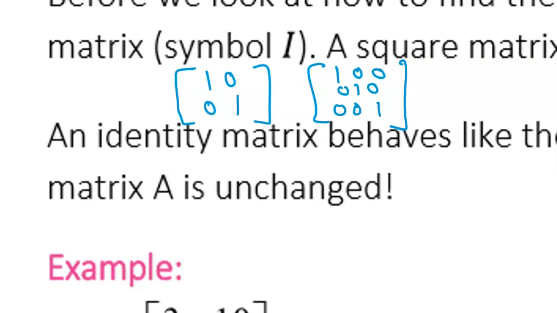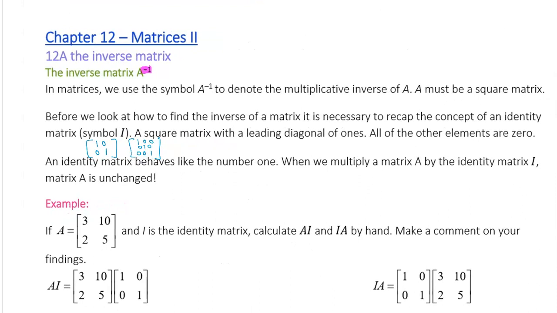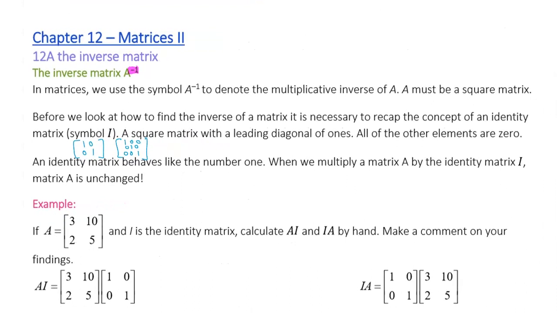Like so. So an identity matrix behaves like the number 1. When we multiply a matrix A by the identity matrix, matrix A is unchanged.